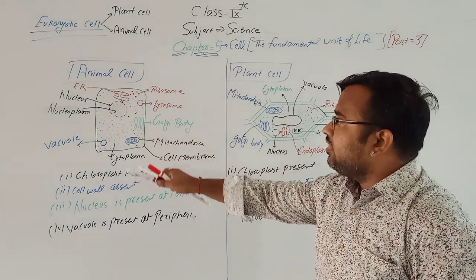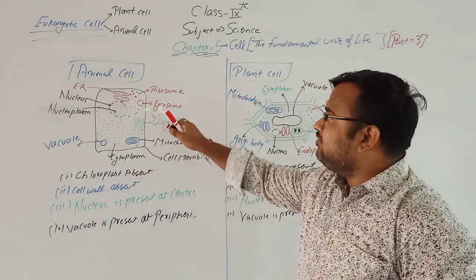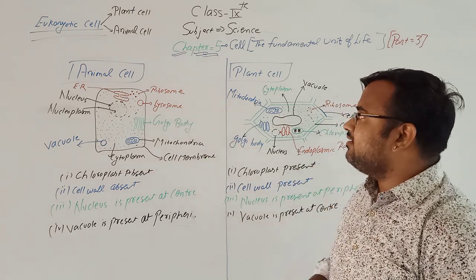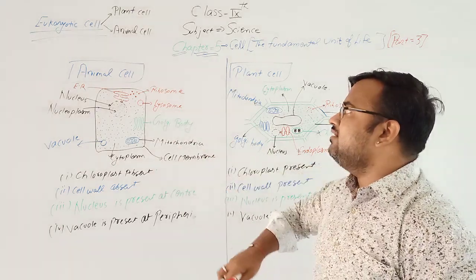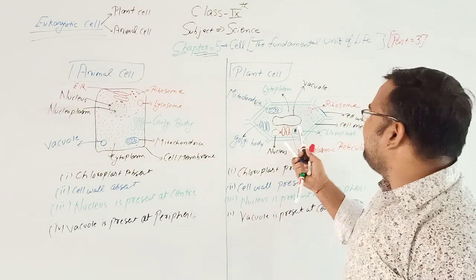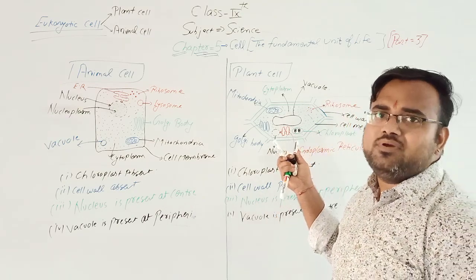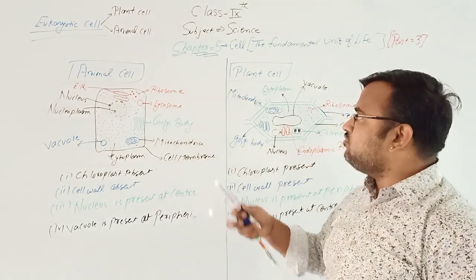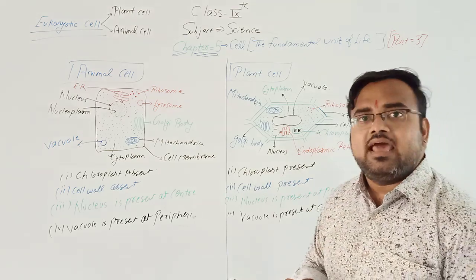Now next, here you can see lysosome is present and ribosome is present. Here lysosome is absent. In animal cell lysosome is present and here lysosome is absent.